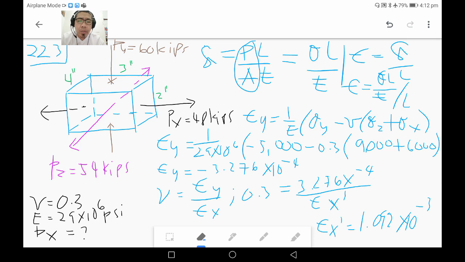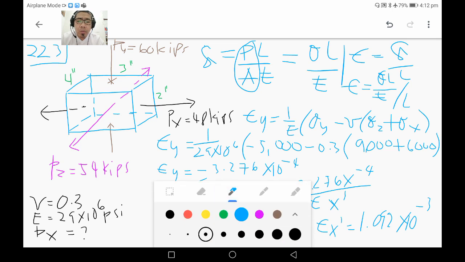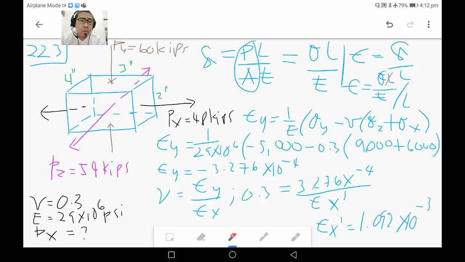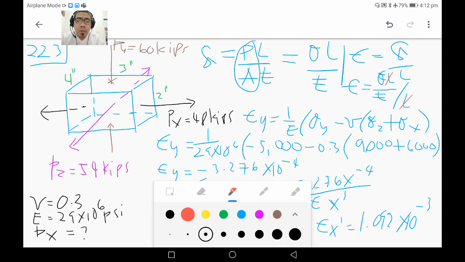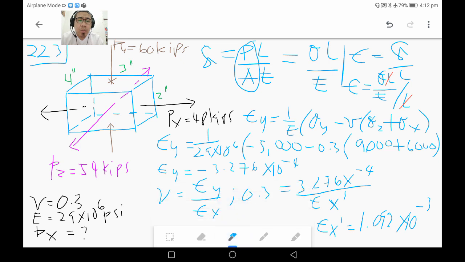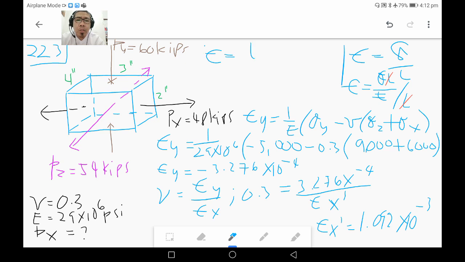And of course, L will cancel out. If L will cancel out, epsilon is stress over E. Ito na lang matira, di ba? Stress over E. So, therefore, if you have the value of epsilon, you can get the value of stress.